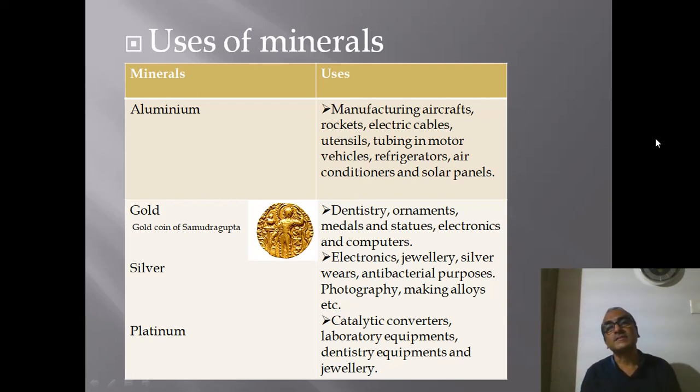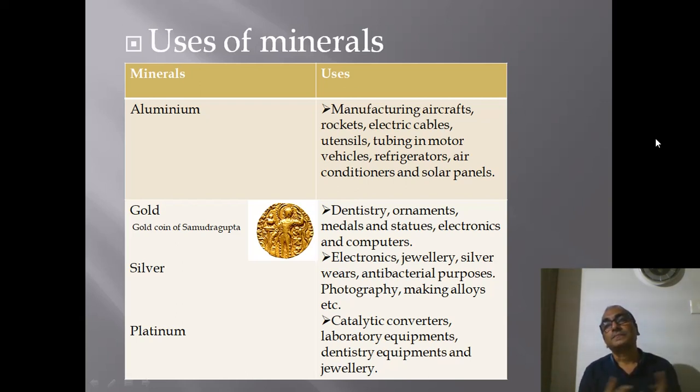Aluminium, as we know, is more extensively used. Now also we are using the utensils made out of aluminium. Aluminium is used in manufacture of aircraft, in electric cables, in the city grid. You might have seen the electric supply to the city, the huge towers and all, and the wires. We see that there much of the aluminium is used.